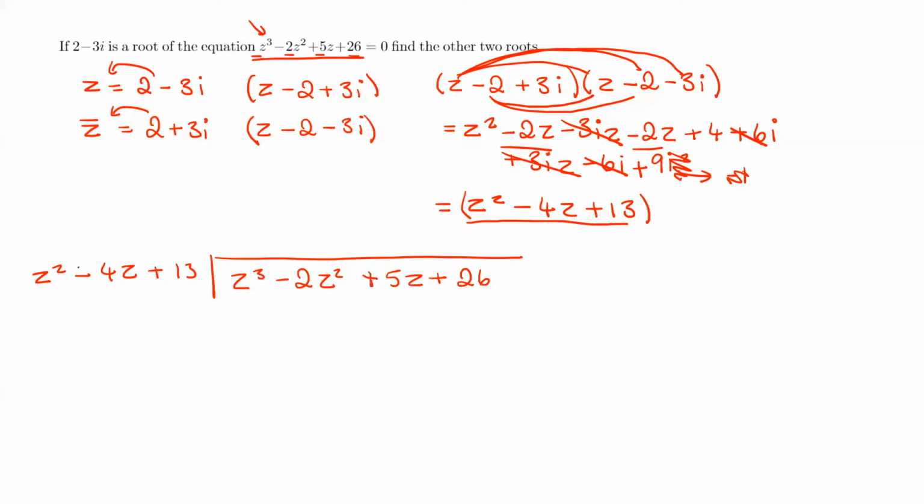Okay, so first job, z cubed divided by z squared, that's going to give us z. And now we're going to multiply that z back into down here. And if we do that, we'll get z cubed. So then we'll have the z by the minus 4z will give us minus 4z squared. And then plus 13 multiplied by z will give us plus 13z.